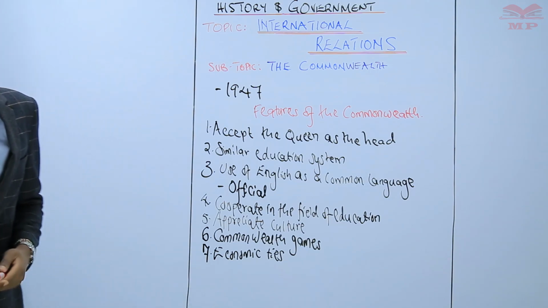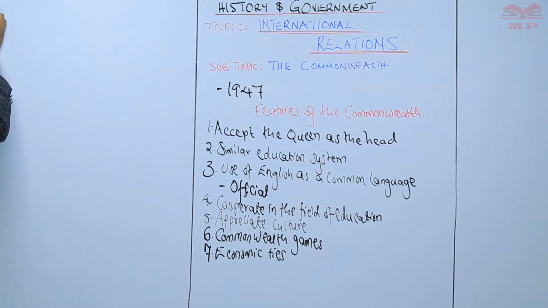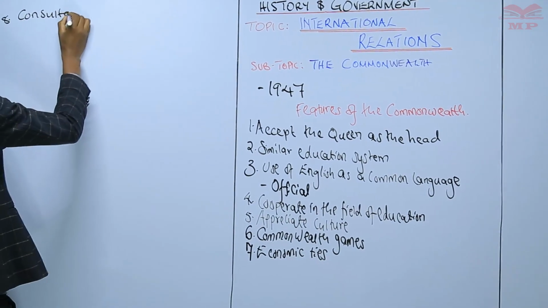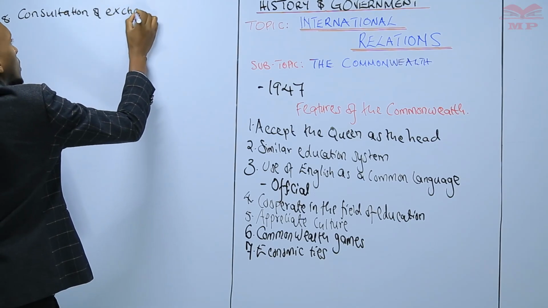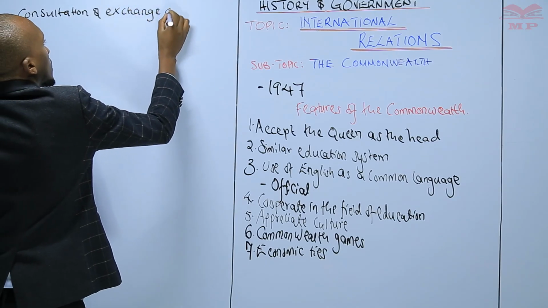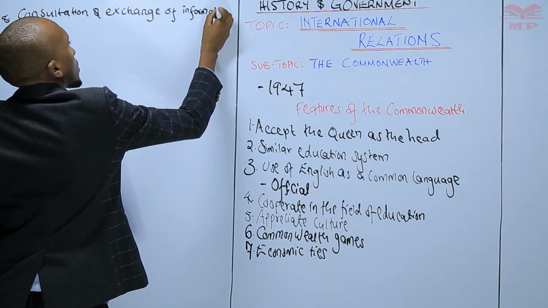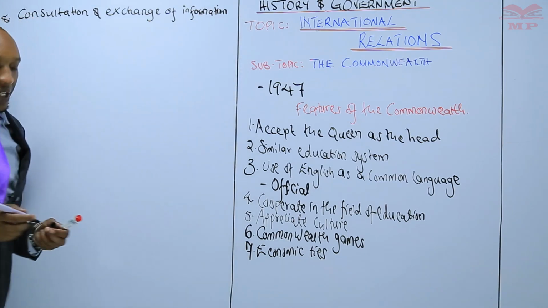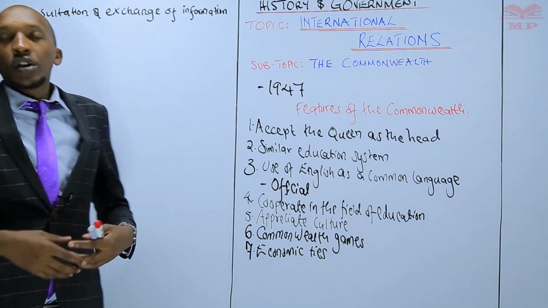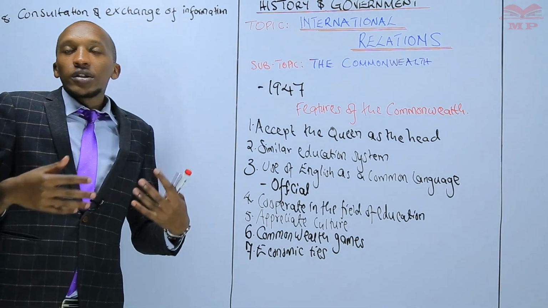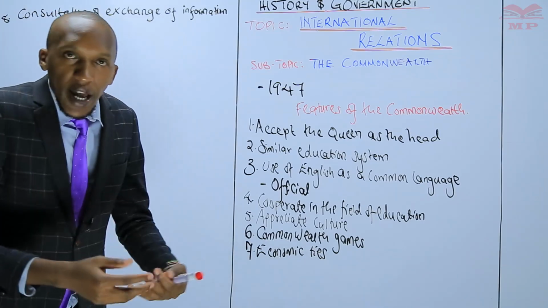And then there is consultation, number 8. Consultation and exchange of information. The member states, or the heads of these states, or members of the Commonwealth come together and exchange ideas.